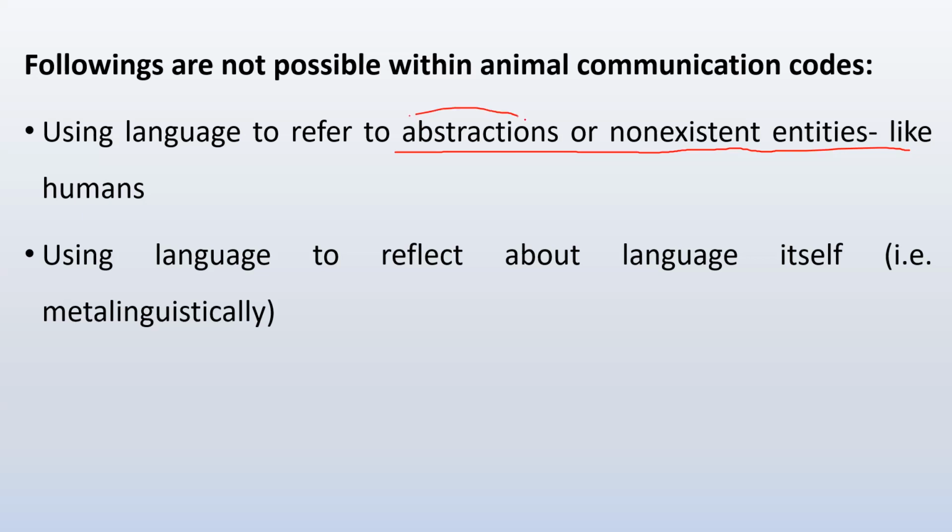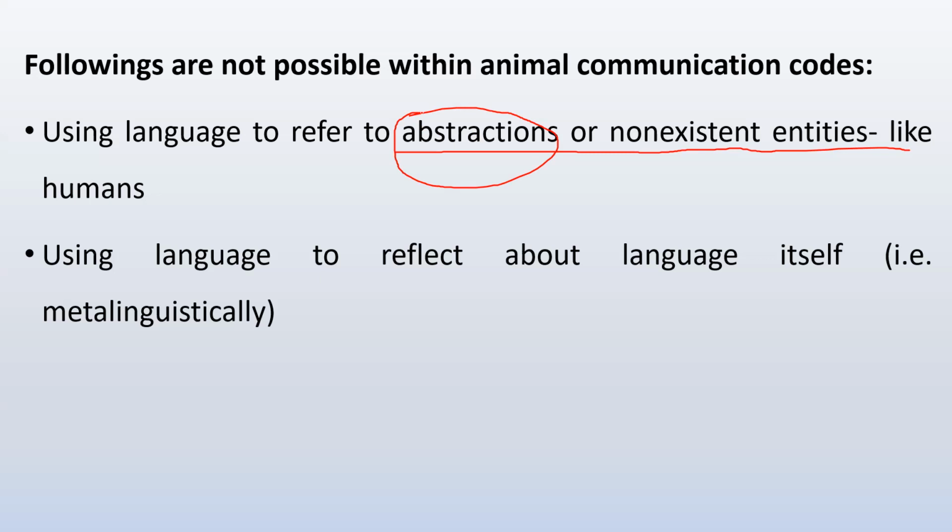Now, what do you mean by abstractions? What's the idea? Yes, abstractions means the things which do not have physical existence, the intangible things.